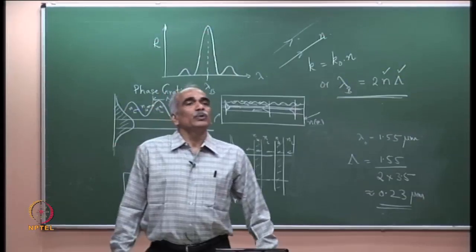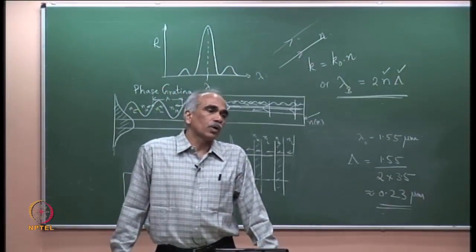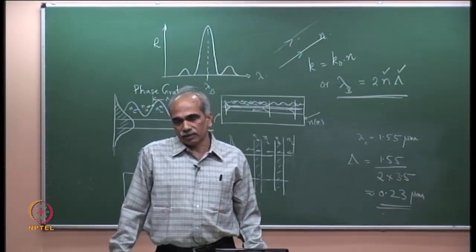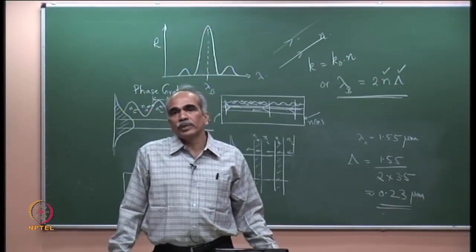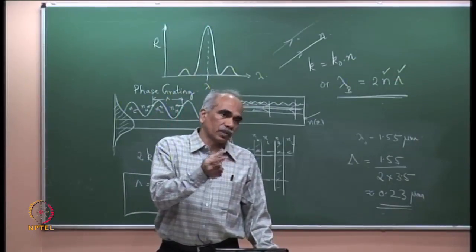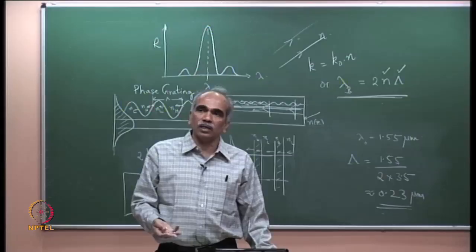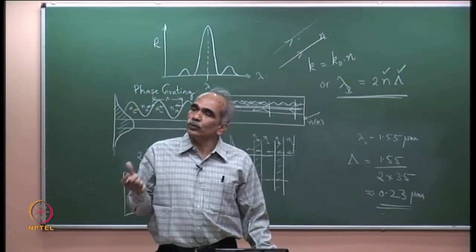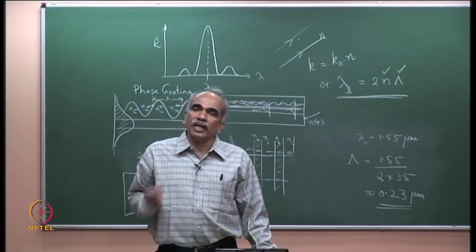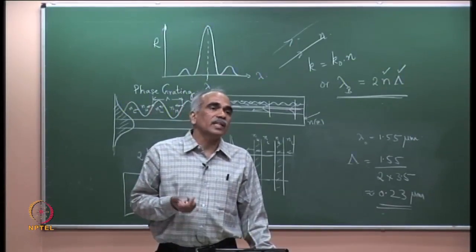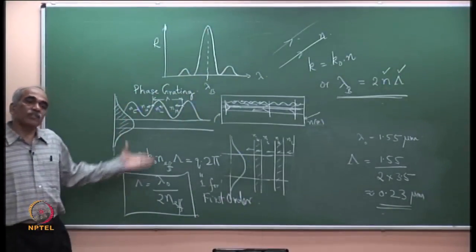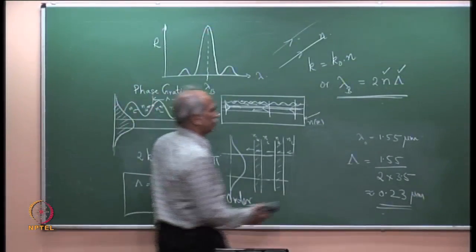So, all sources used for optical communication are distributed feedback lasers. Why do we use distributed feedback lasers? Because we want a narrow line width for the laser. As we discussed in the last class, if you use a narrow line width source, the dispersion will be much less, and therefore you need a narrow line width source or a single frequency laser. So, the distributed feedback laser is a single frequency laser.